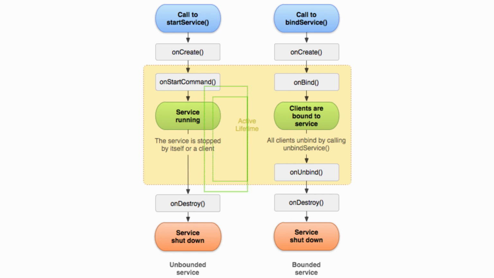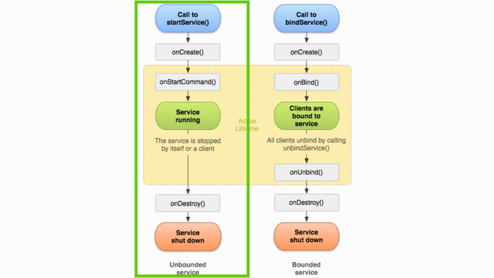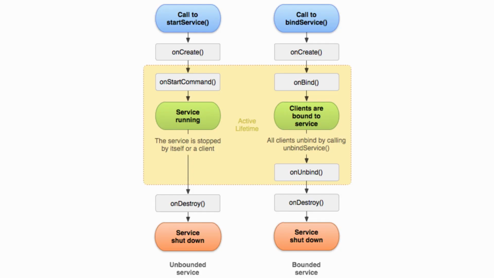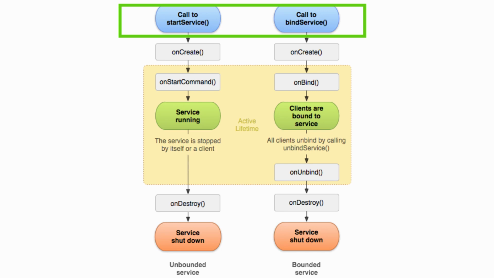The left side is the started service, where foreground and background service reside, and the right side is the bound service. First, they have their own respective calls: for the started service, the startService method, and for the bound service, the bindService method.